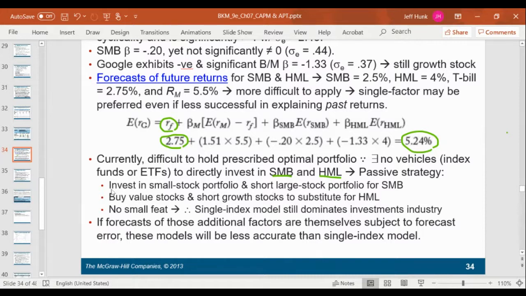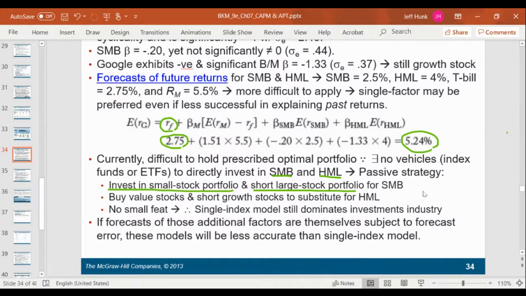We already talked about this. Another way to interpret the size premium is to use short selling: short sell a large stock portfolio and invest in a small stock portfolio.